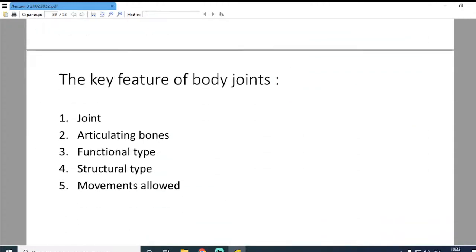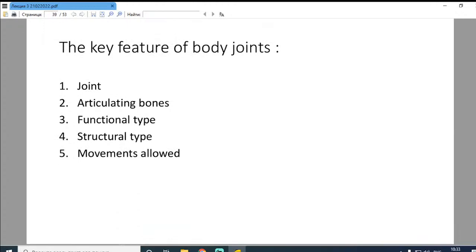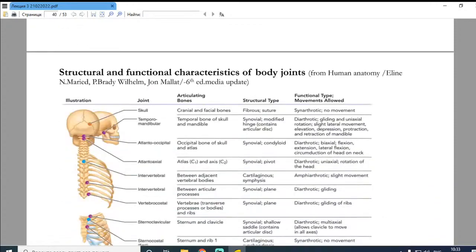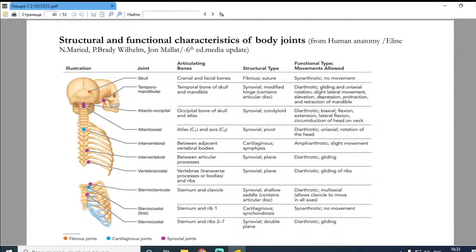The key features of body joints. For each joint, you must know the articulating bones, functional type, structural type, and movement allowed. And you see a table of structural and functional characteristics of body joints.